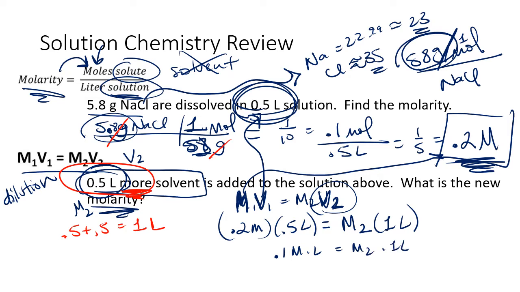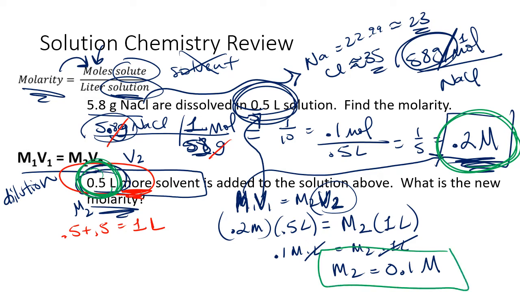Divide both sides by 1 liter. That just cancels out. I lose the liter unit on the other side, and so our new molarity is 0.1 molar. And that makes a lot of sense because we started with 0.2 and I doubled the volume, and so I chunked the concentration in half.